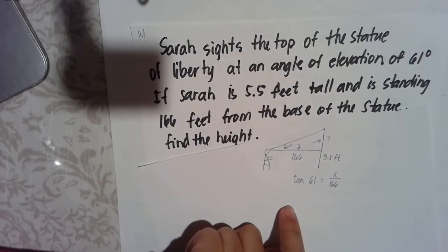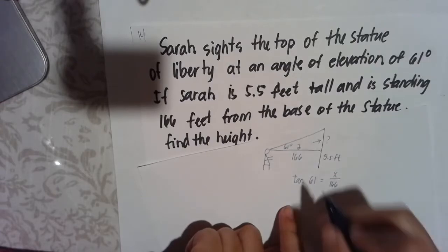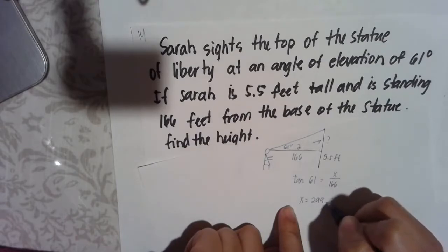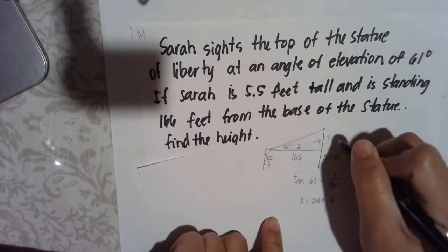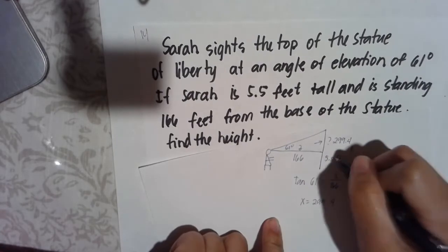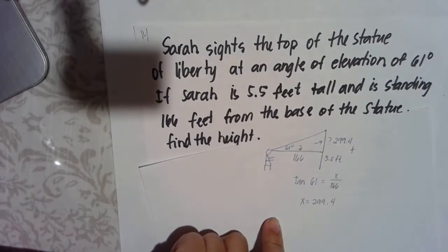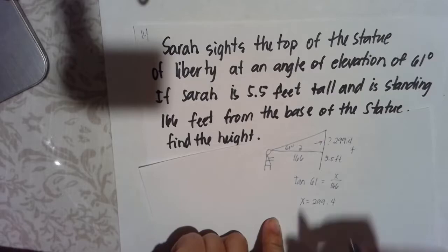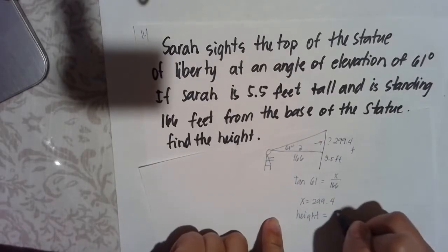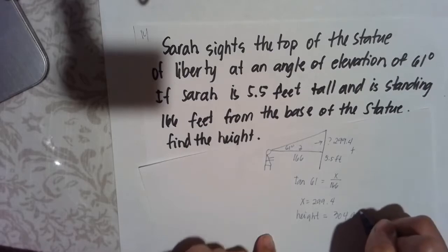Tangent of 61 times 166 is 299.4. So this is 299.4 plus the height of Sarah, 299.4 plus 5.5 equals 304.9. So the height is equal to 304.9.